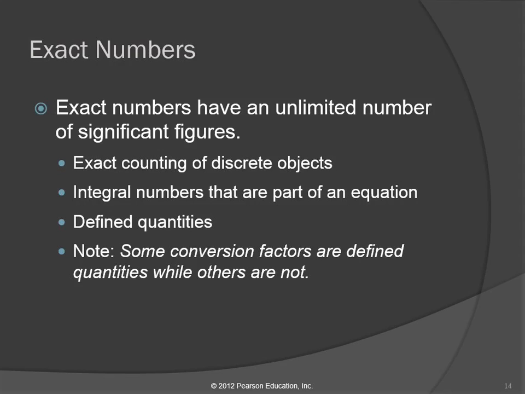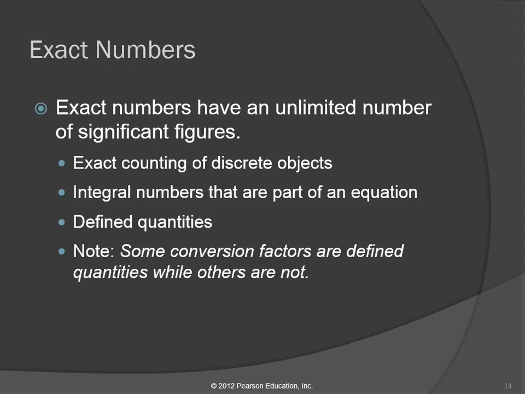Then there's also some numbers we call exact numbers. When we think of an exact number, we don't really give it a specific number of significant figures. It basically has an infinite number of significant figures. And examples are exact counting of discrete objects.